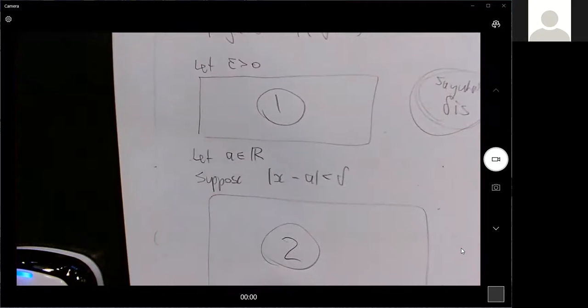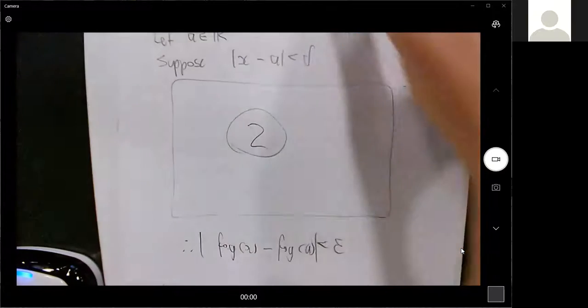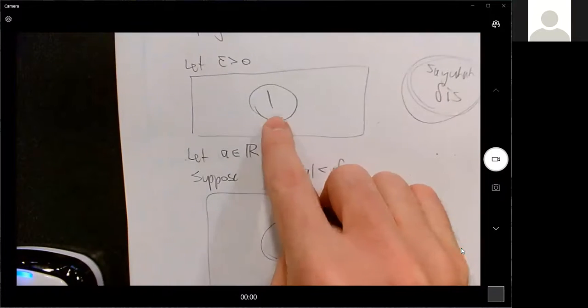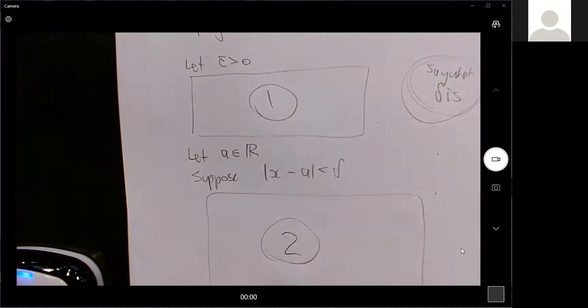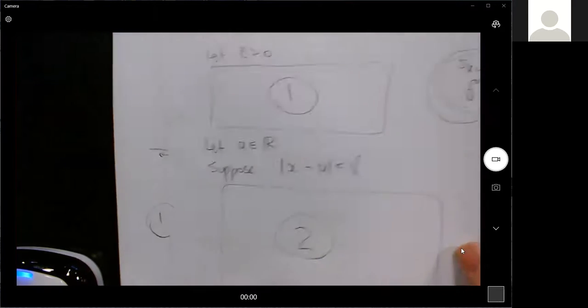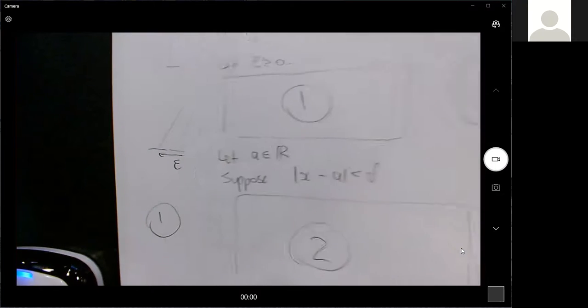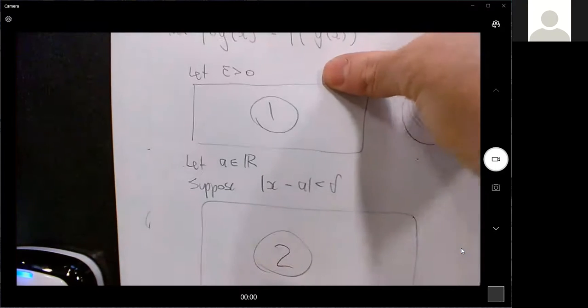Now, I think that the people who mark the real analysis exam will probably be okay with you actually doing exactly this and just saying, for this section of the proof, see this page if you want. But that's one of the things that scribble paper is for. Yeah. And so it turned out that the first bit was longer than the second bit, but I didn't know that at the beginning.